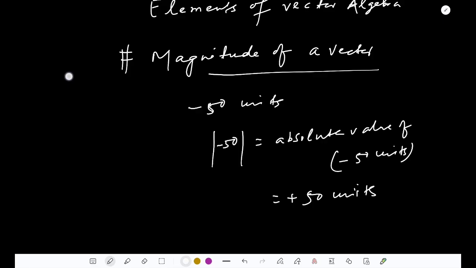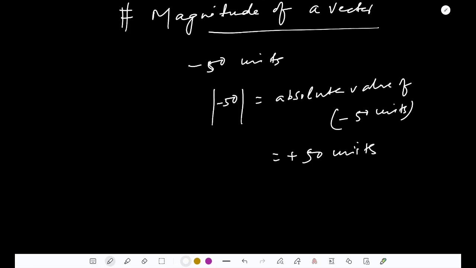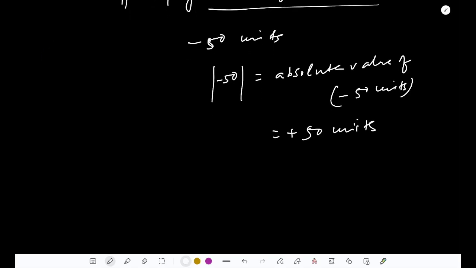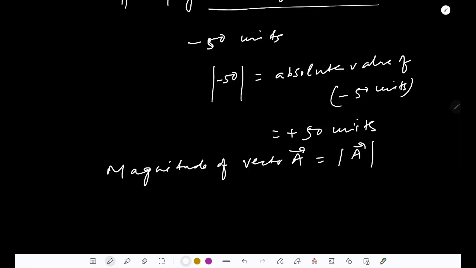So using our vector symbols, suppose we want to write the magnitude of a vector A. If you want to write magnitude of vector A like this, then you should write it like this, and it will come out as the length of that vector, and this is always a positive scalar quantity.